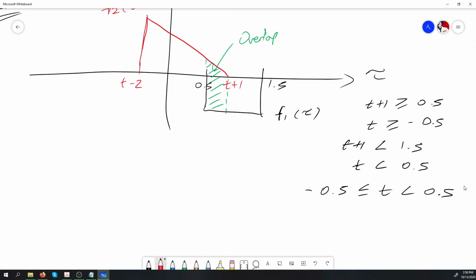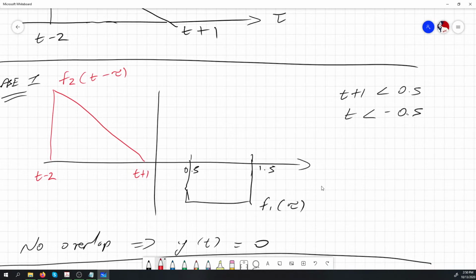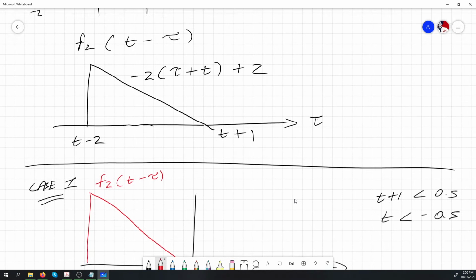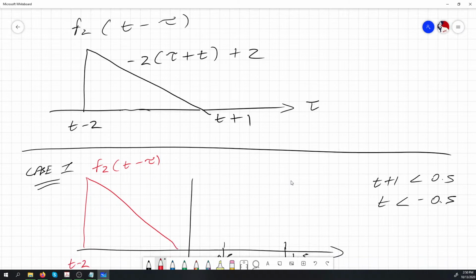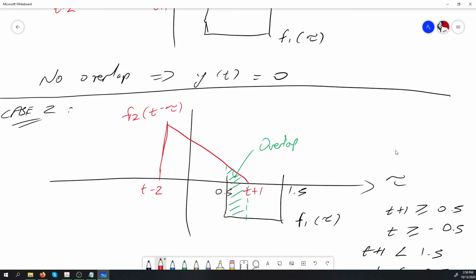Now we also need to keep in mind that this straight line equation here, we calculated, was minus 2 into tau plus t plus 2. So this was minus 2 into tau plus t plus 2 for that equation. And magnitude here was minus 2.